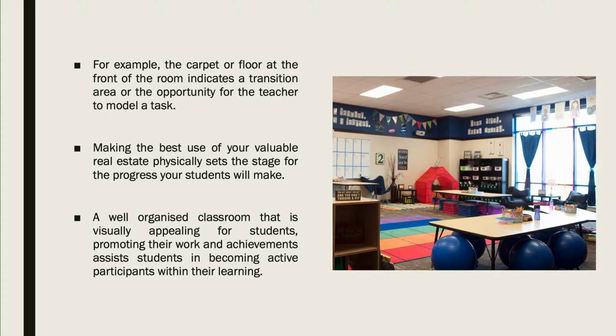As stated previously, teachers may choose to mark areas within the classroom. For example, the carpet or floor at the front of the room indicates a transition area or the opportunity for the teacher to model a task. Making the best use of your valuable real estate physically sets the stage for the progress your students will make.